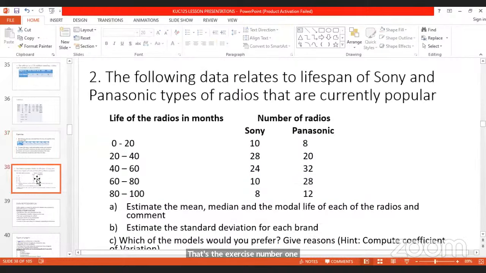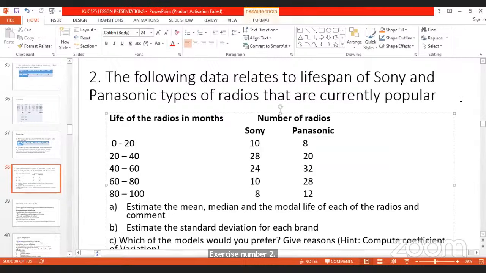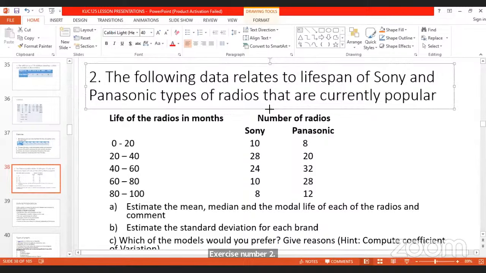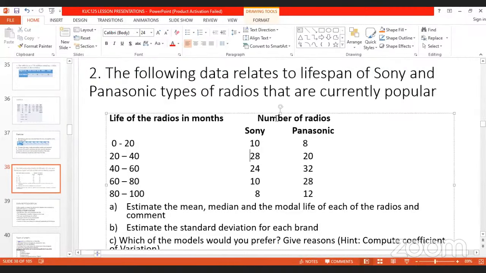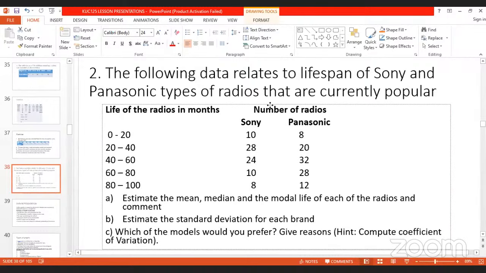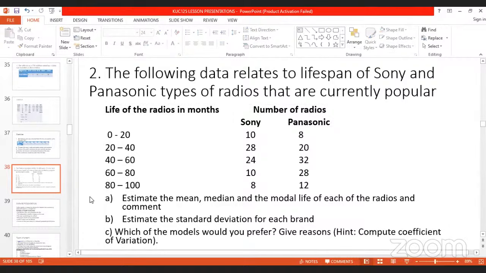Exercise number 2. Look at exercise number 2.